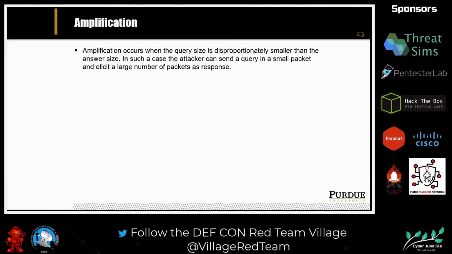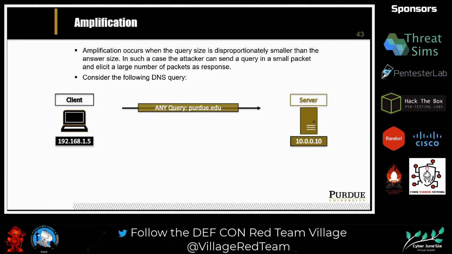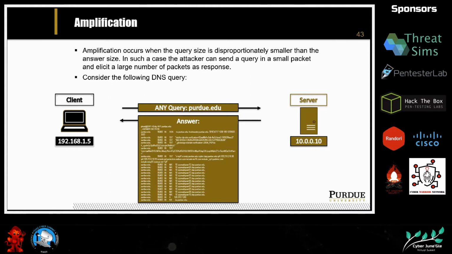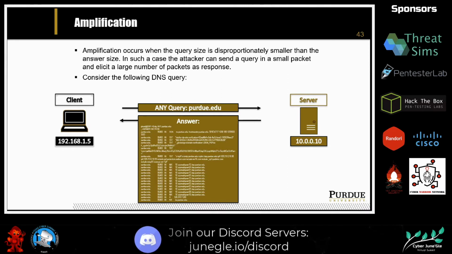Now, amplification is complementary, which basically is if I send a small query and I receive a large answer, this is what the amplification component is. Here a quick note: domains that have DNSSEC enabled can create a very large answer.